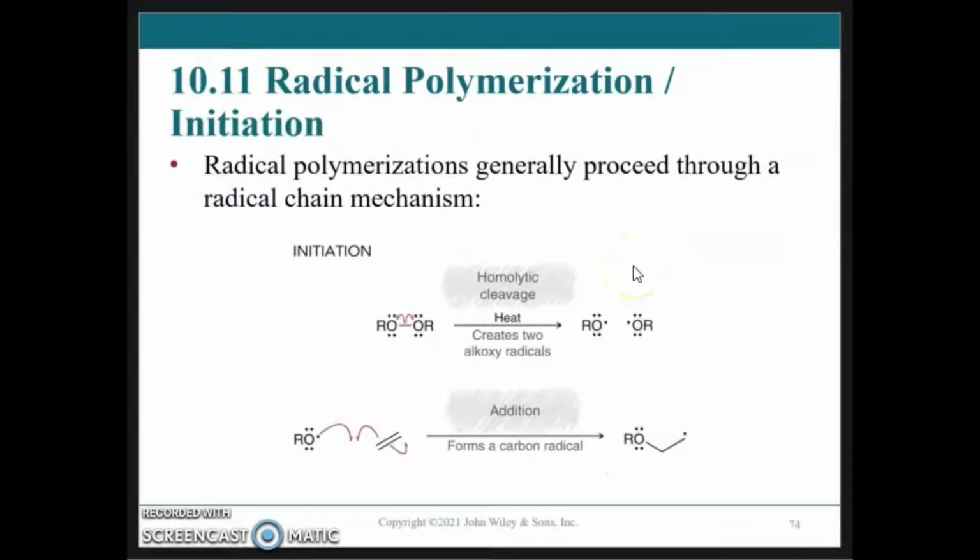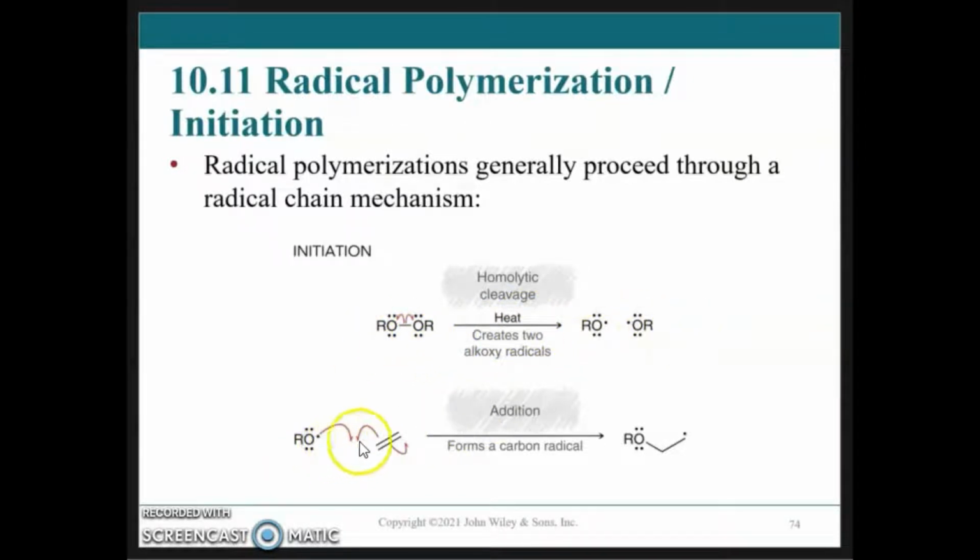In our radical polymerization step, we begin with initiation. We're going to have some type of initiator, and we're going to create, in this case, two alkoxy radicals.